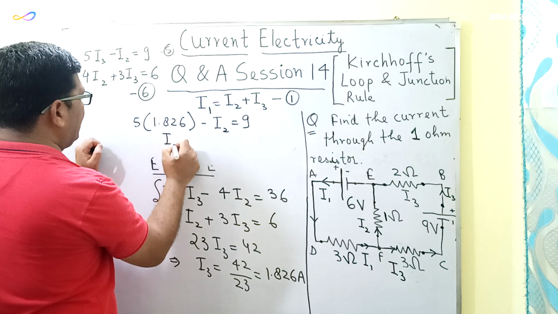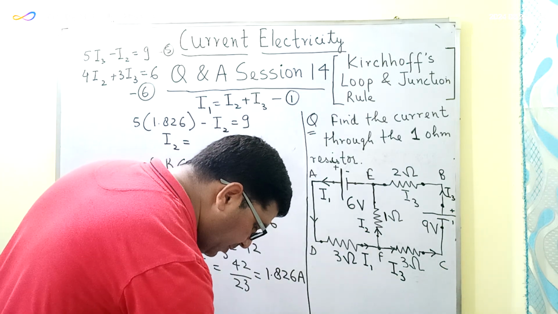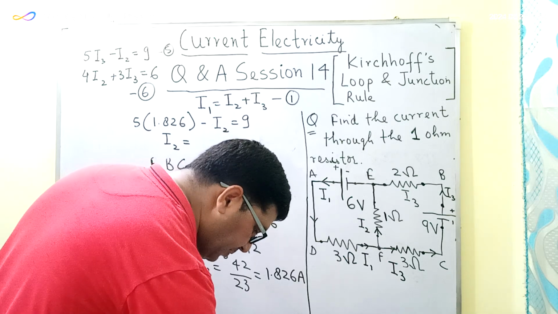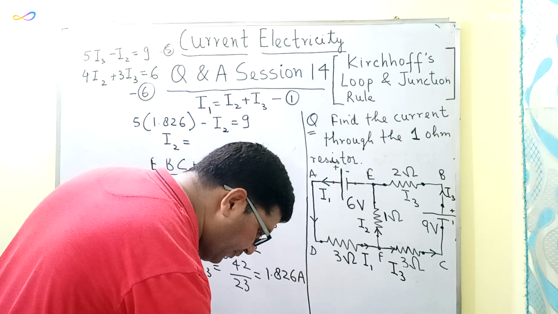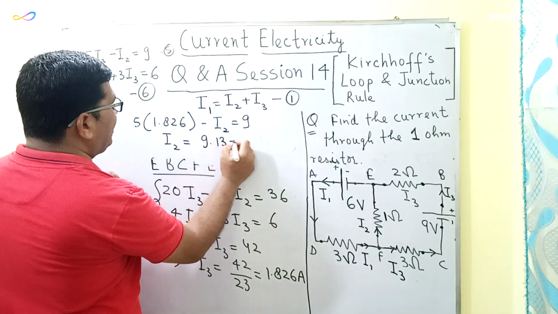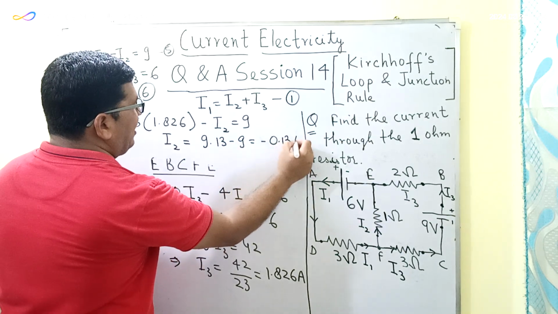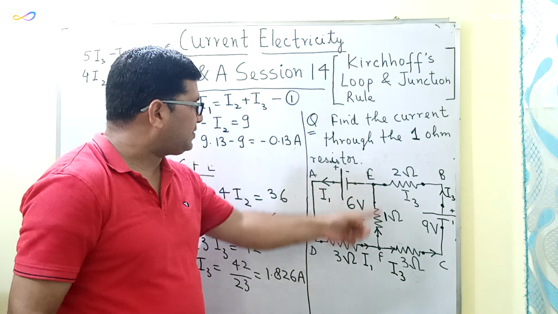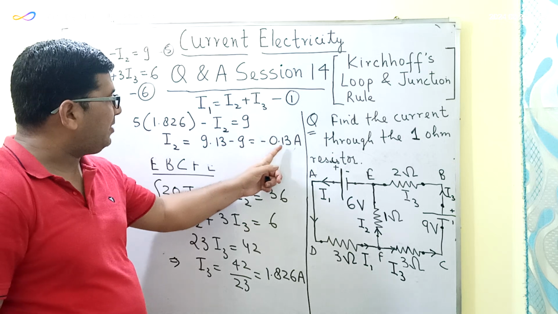So I2 will be equal to 5 into 1.826, which is 9.13, minus 9. So this is equal to minus 0.13 ampere. So the current which is flowing through this 1 ohm resistor is equal to minus 0.13 ampere.